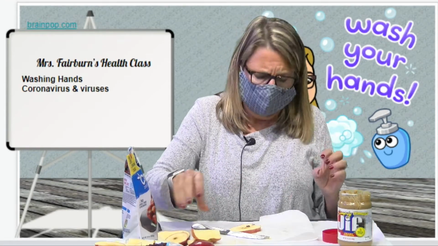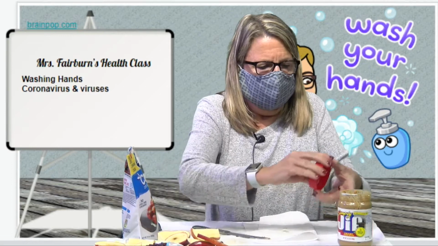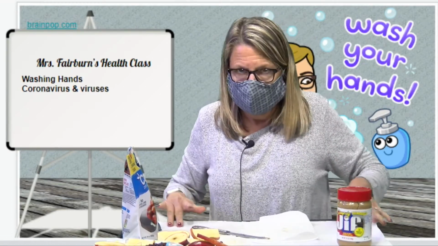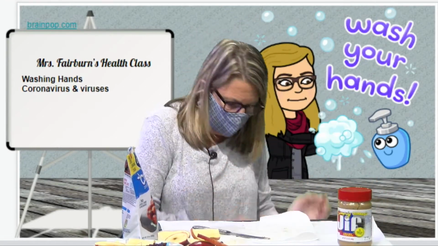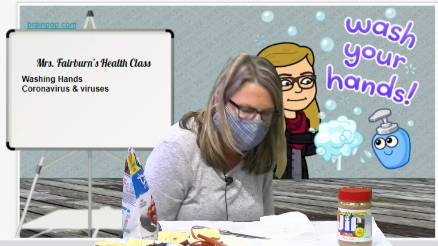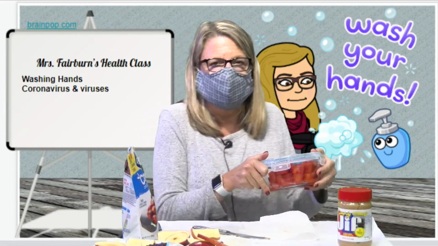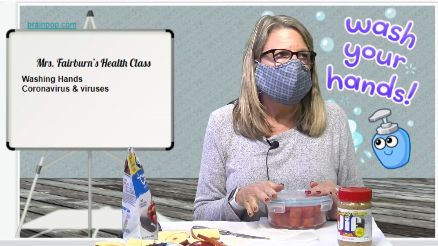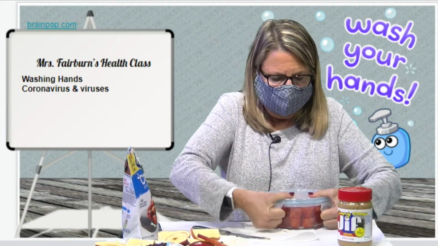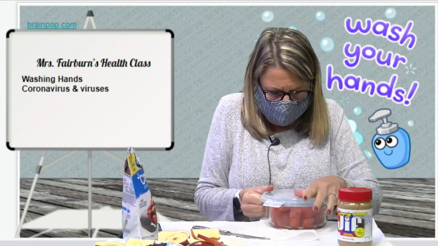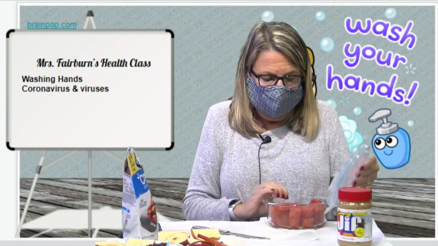Another snack I brought from home is watermelon. Now I know you like watermelon. I already cut this up. So I made this as an easy snack. Something portable that you can just grab and go. I cut up the watermelon, and I put it into this container.